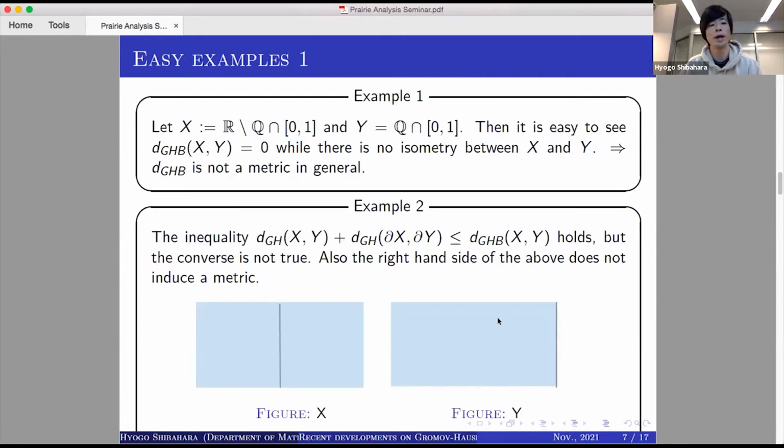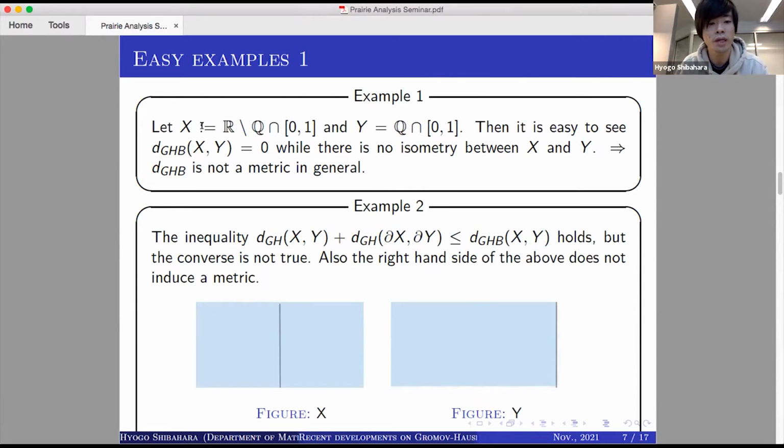Here's example 1. If we take X to be the rational numbers in the interval 0 to 1, and Y to be the irrational numbers in the interval 0 to 1, then of course X is dense in 0 to 1 and Y is also dense in 0 to 1. So we can easily see that the Hausdorff distance between these two spaces is equal to 0.